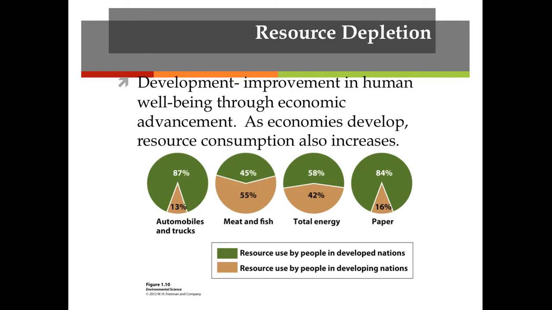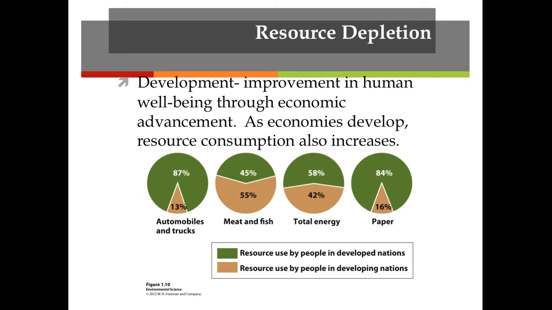Patterns of resource consumption do vary enormously among nations depending upon their level of development. And when we talk about development, we're talking about the improvement of a nation and human well being through economic advances. As economies develop, resource consumption also increases.